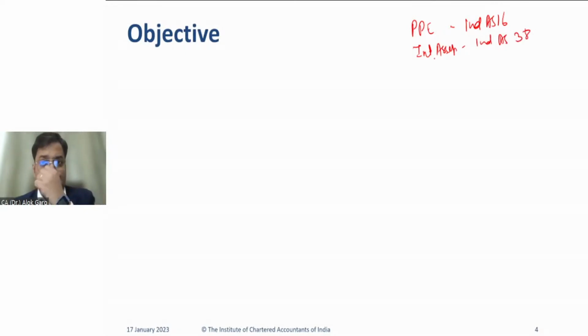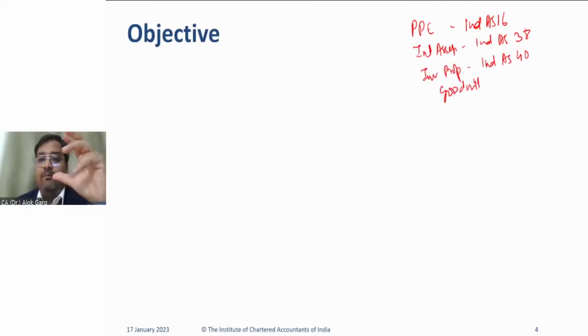This standard also talks about the impairment of investment property, which is Ind AS 40, and goodwill as well, which largely arises from business combination, Ind AS 103. So friends, this standard talks about largely these four kinds of impairment: property, plant and equipment, intangible asset, investment property, goodwill. Sir, what about inventory?